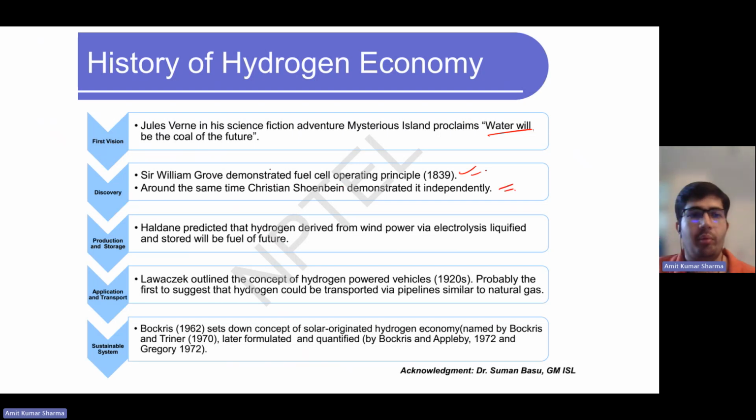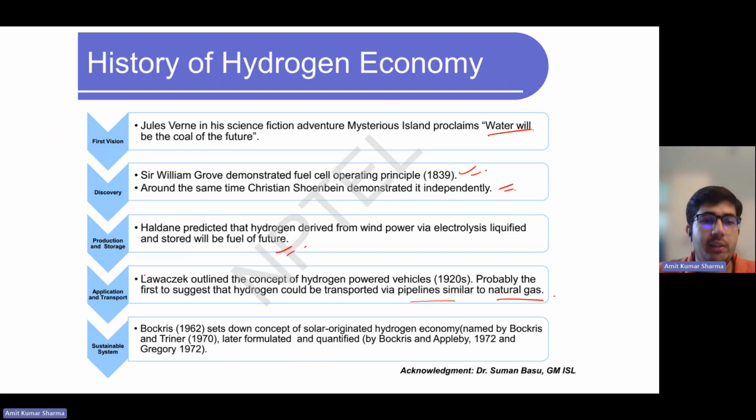Okay, and the production and storage. Haldane predicted that hydrogen derived from wind power by electrolysis, liquefied and stored, will be the fuel of the future. Application and transport: I think it's Lewis Jekyll who outlined the concept of hydrogen powered vehicles in the 1920s, probably the first to suggest that hydrogen could be transported via pipelines similar to natural gas.